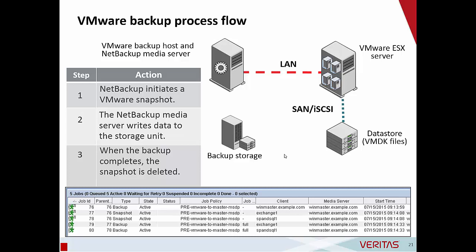Note also the multiple jobs that were created in the activity monitor. In this case there were two virtual machines that I was backing up. It looks like an Exchange server and a SQL server just based on their host names. The first job, job 76, was a parent job. Like most situations in NetBackup where you get a parent job, this is not actually protecting any data.